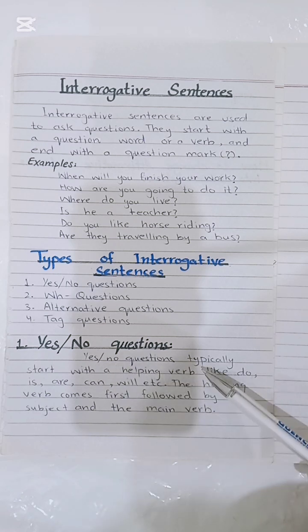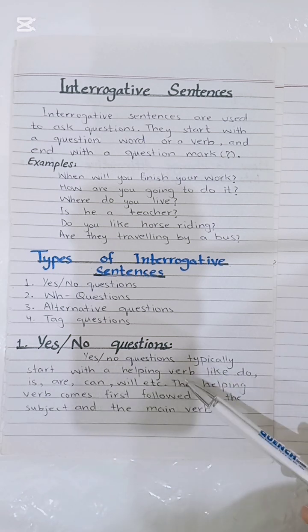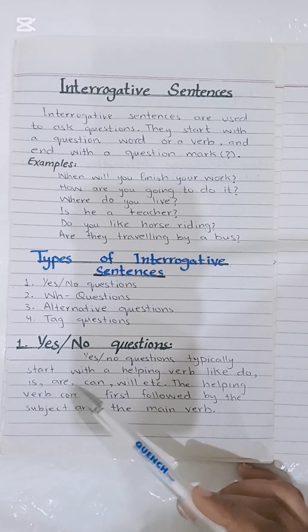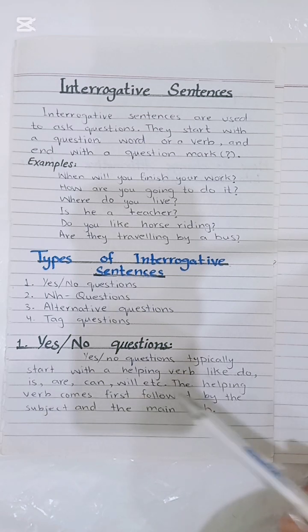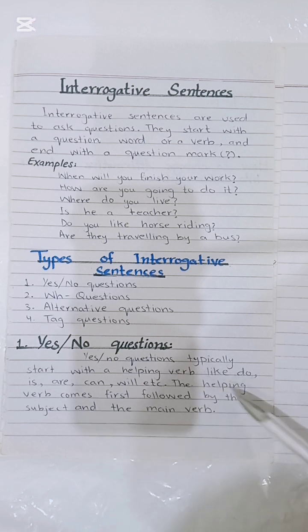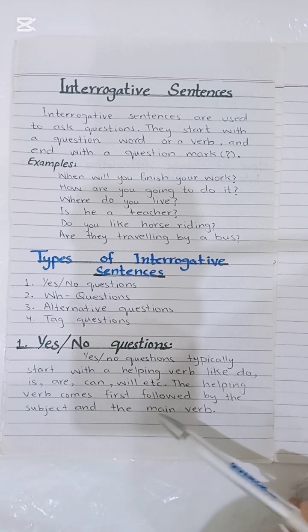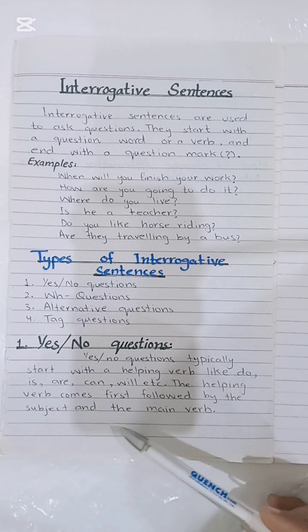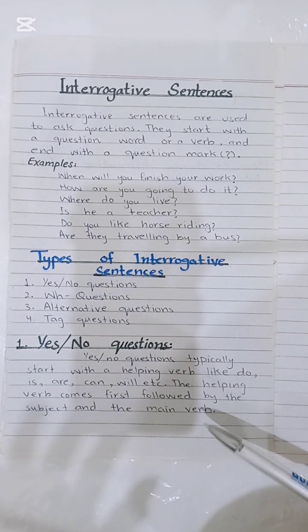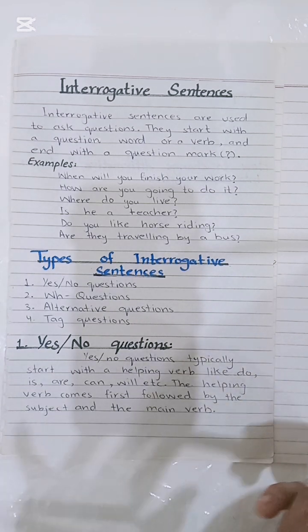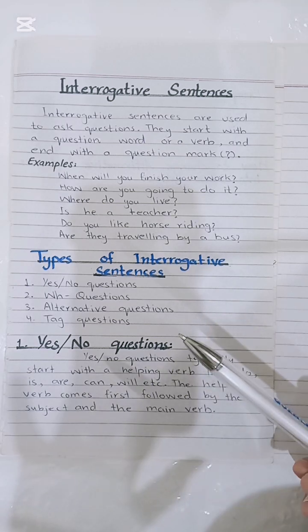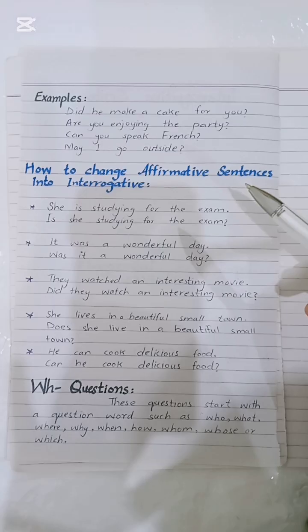Yes-no questions. Yes-no questions typically start with a helping verb like do, is, are, can, will, etc. The helping verb comes first, followed by the subject and the main verb. Let's see how to make yes-no questions with the helping verbs or auxiliary verbs.